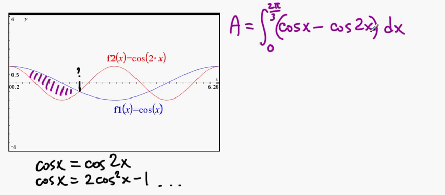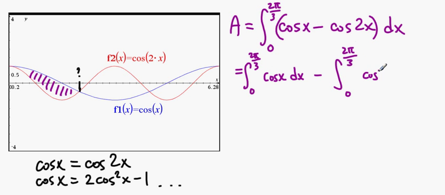So this can be broken up into two different integrals if we choose. This would be the integral from 0 to 2 pi over 3 of cosine x dx, and this would be the integral from 0 to 2 pi over 3 of cosine 2x dx. The reason I want to break it up, even though I don't have to, is that I could do the integration piecemeal in my head, but I want to show it because this one is the easier one by far, because the antiderivative is obvious.